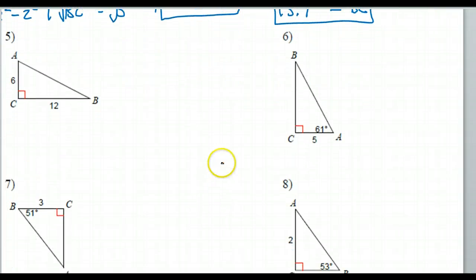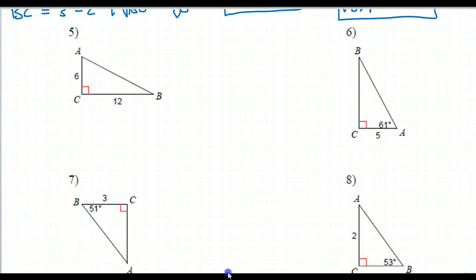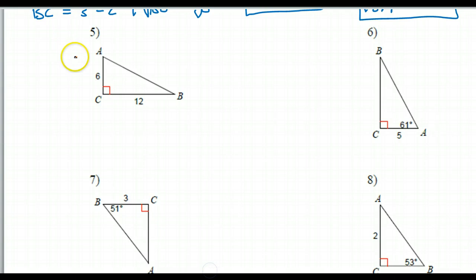Okay, number 5. Okay, two angles and a side. Let's start with angle A. If I want to find angle A, I'm going to use the 6 and I'm going to use the 12. So what I have there is adjacent, and this is opposite.